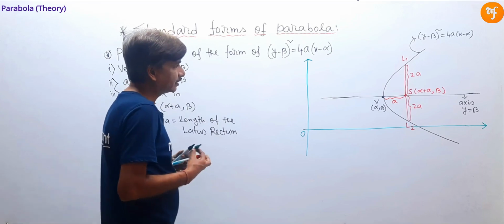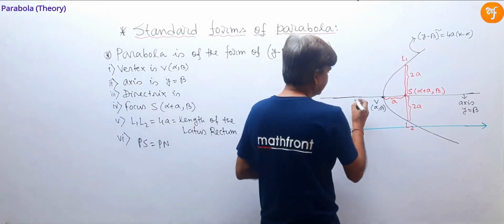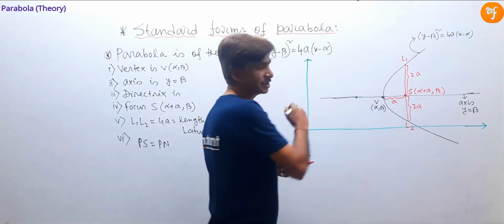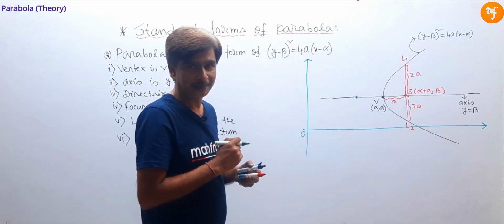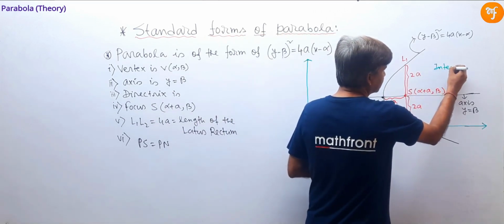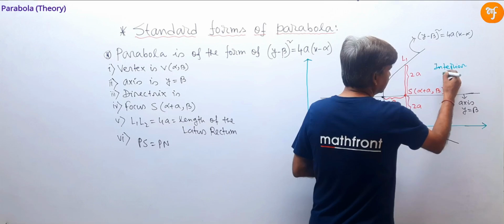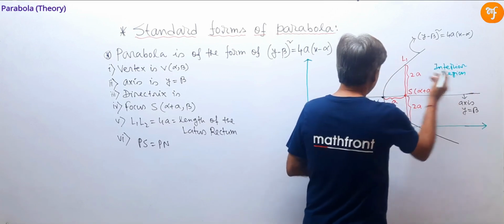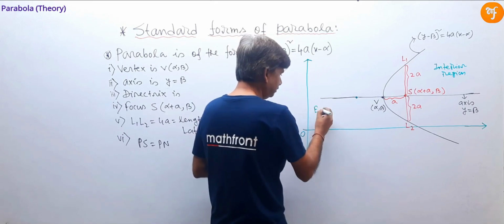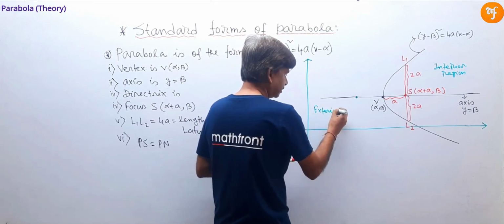Now definitely this is the directrix, which lies in the exterior region of the parabola. So this is the interior region, and this is the exterior region.